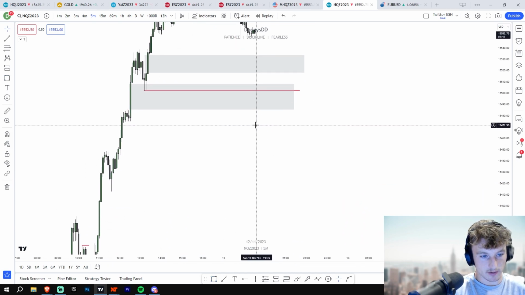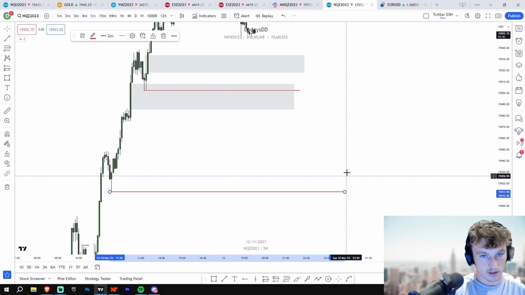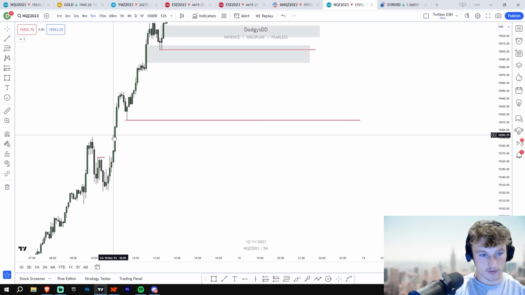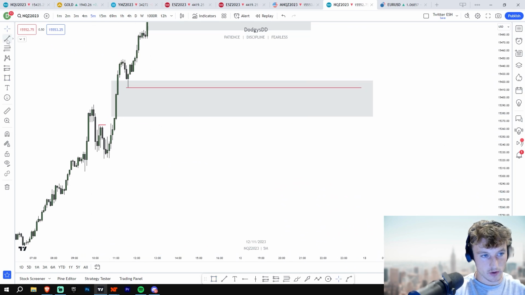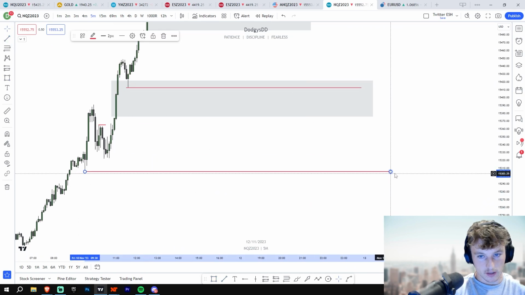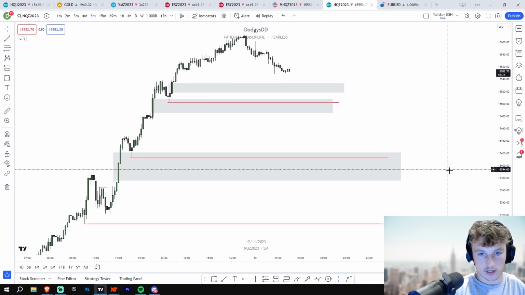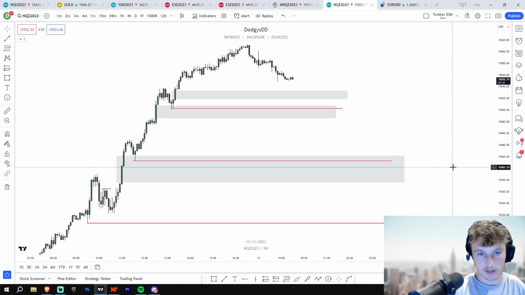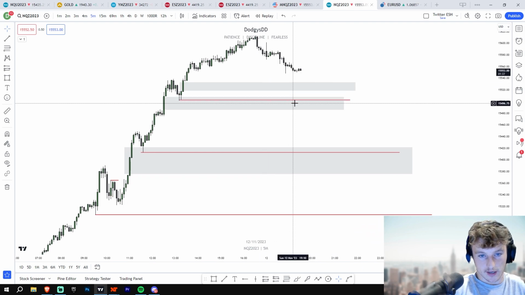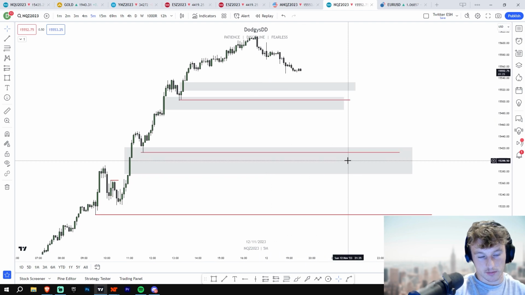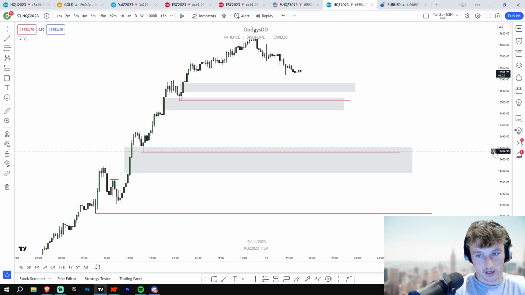Inversing this tells me we're probably gonna get down here. And then inversing this, probably a higher time frame gap, is gonna tell me what? Well, we're gonna get down here. So it doesn't really matter where premium discount is for this, and using inverses, obviously, I know if this is broken, we're going to get at least here. I know if this is broken, we're going to get at least here. So that's kind of the ideology behind it. And you don't really have to use discount for that.